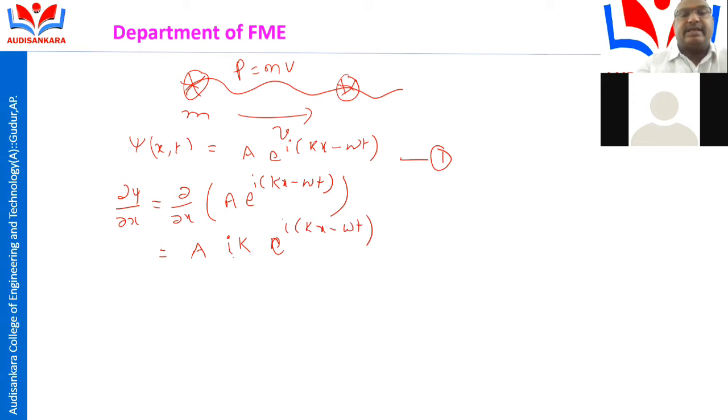The derivative gives ik into e power i(kx minus omega t), because with differentiation with respect to x only, the remaining terms are constants. So dou psi by dou x is A ik e power i(kx minus omega t).